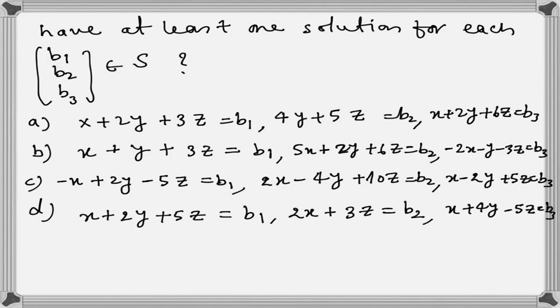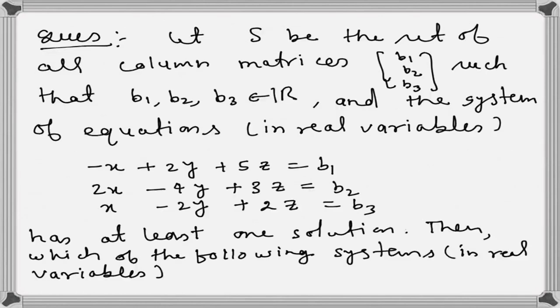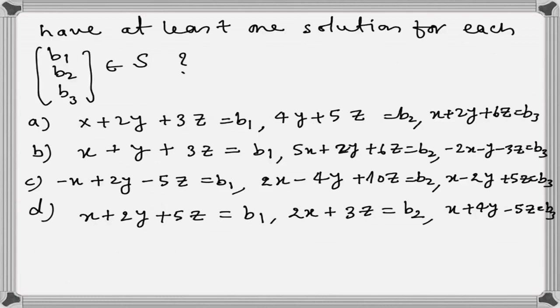b3. Okay, so let's go back and read this question carefully. Here S is the set of all column matrices b1, b2, b3 such that the given system of equations has at least one solution. So then which of the following systems will have at least one solution for each b1, b2, b3?